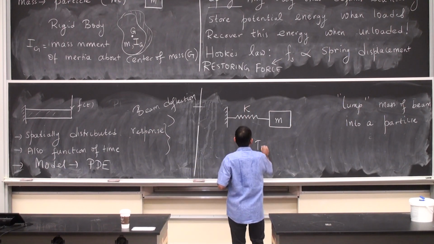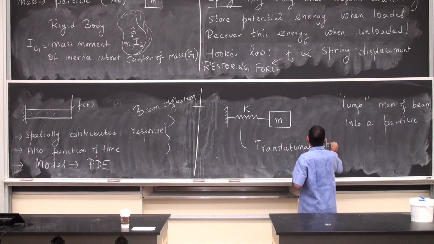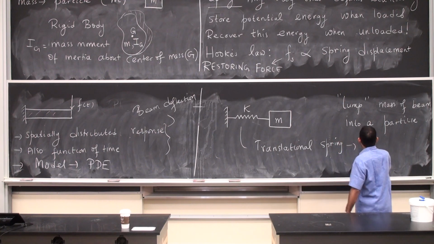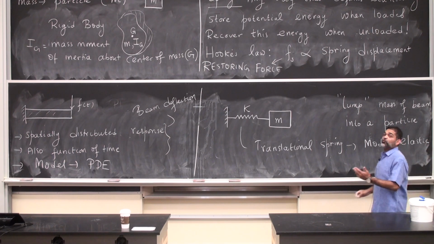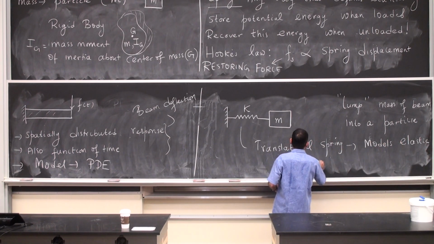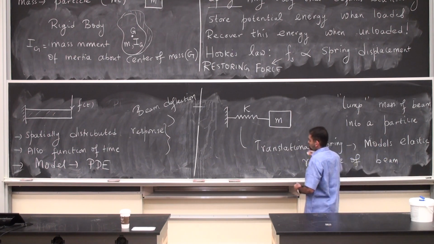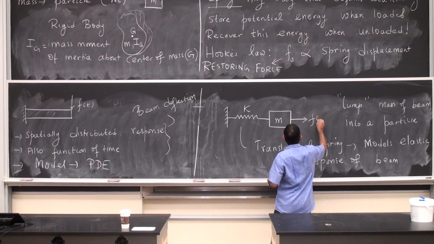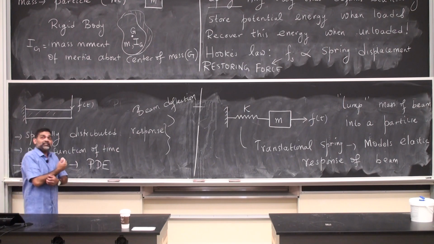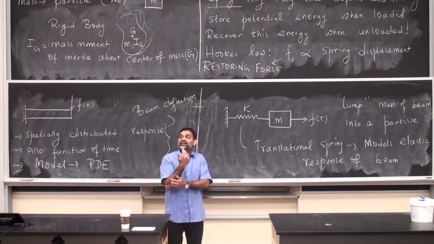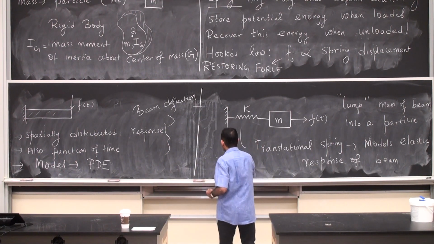This is a translational spring. And this models the elastic response of the beam to some force that is applied to the beam, and I will simplify my life even further by saying, okay, hey, this thing is moving only in the horizontal direction and it's performing one-dimensional motion. Okay, so I will draw some two guides here.